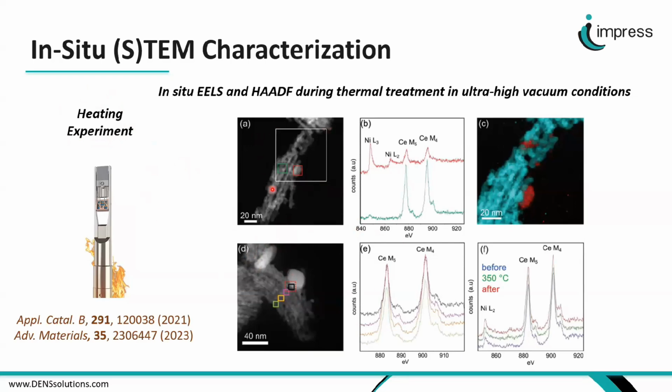This is one of the HAADF images of these materials, where the cerium oxide is depicted in blue and the nickel in red. They increased the temperature from 120 degrees up to 400 degrees to see if there are changes in the cerium. And the cerium in this case was completely stable in the cerium 4 state.